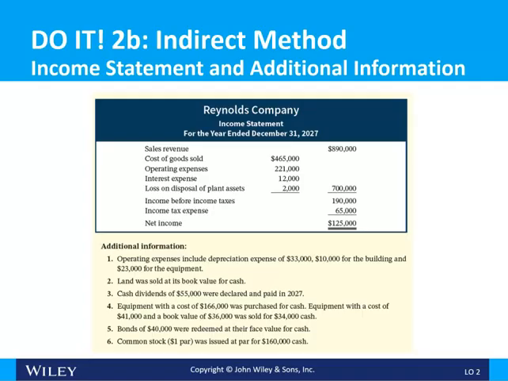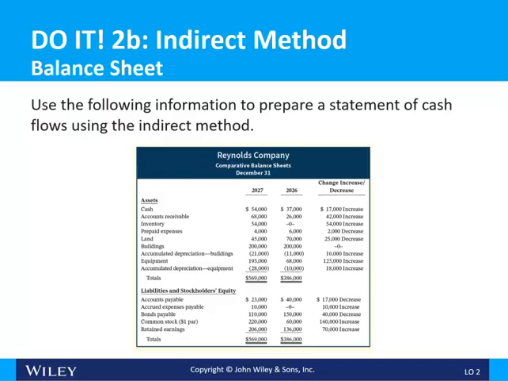Then we would look at our comparative balance sheet, at our non-cash current assets and our current liabilities. So our accounts receivable, our inventory, prepaid expenses: did they increase or decrease? And then accounts payable, accrued expenses payable: increase or decrease in those?